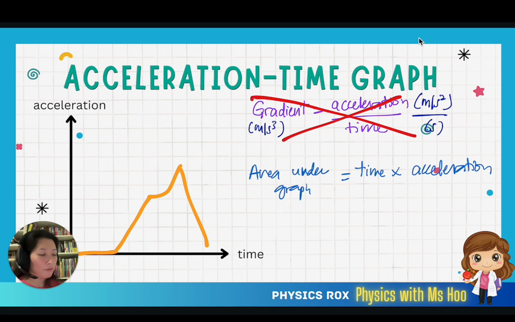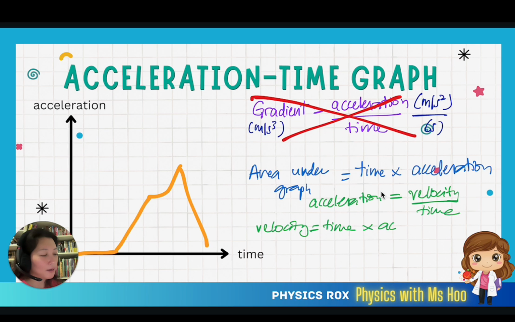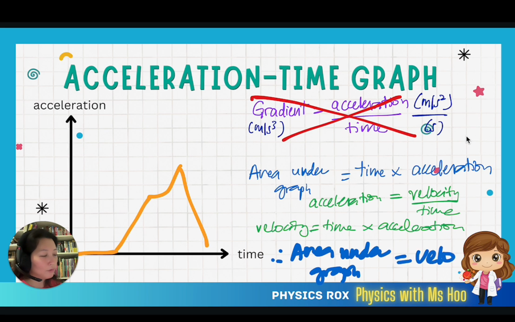So for those of you who like, hey, where did that come from? Remember that acceleration is the change of velocity over time. So I'm going to write velocity here. So when you bring this up, you would get velocity equals time times acceleration. So from here, you should be able to see the relationship where area under the graph is equal to velocity.